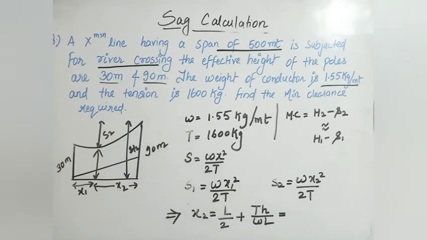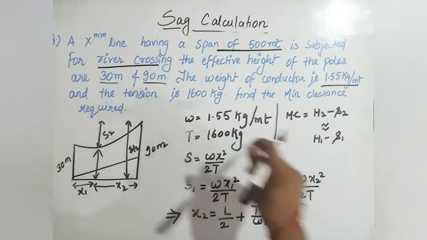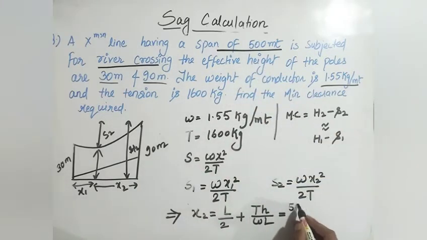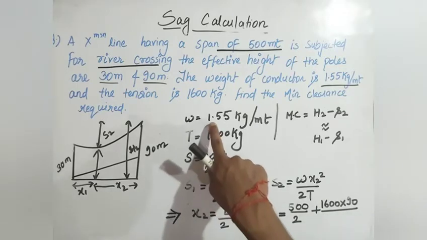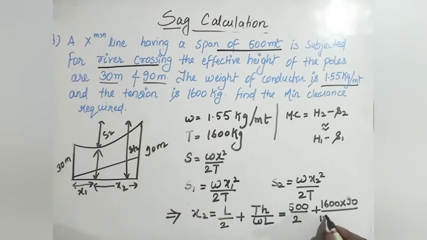So L is the length of the span, which is given as 500 meter, divided by 2, plus tensile strength 1600 into H, height of the second pole, which is 90 meter, divided by weight, given as 1.55 kg, into length of span, which is 500.